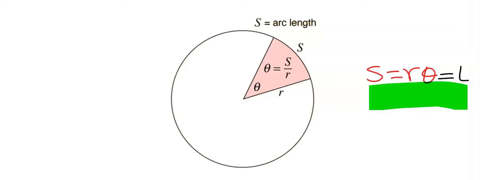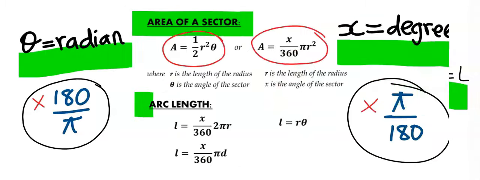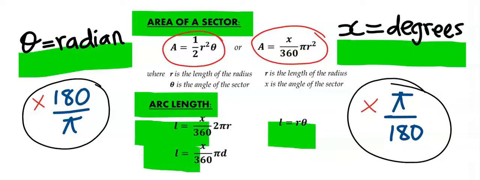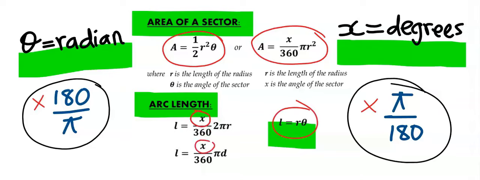Remember, the length of this arc is simply this S. Likewise, in calculating the arc length, instead of using the radian, we can equally use the degrees. S here is in degrees, and instead of using 2 pi r, we can use pi multiplied by the diameter, because the diameter is equal to 2r.